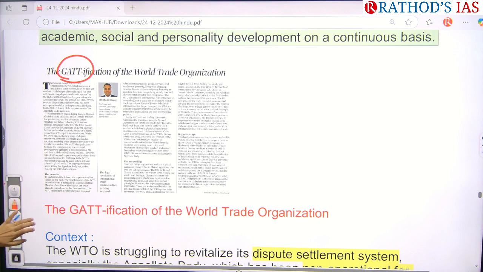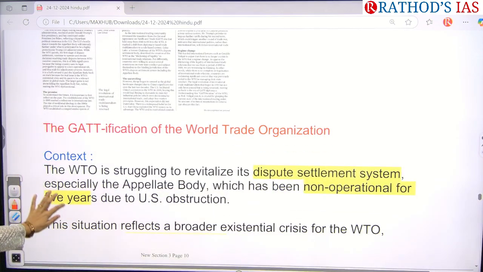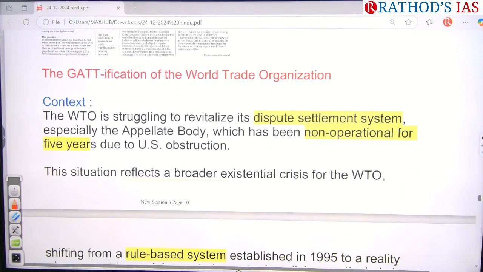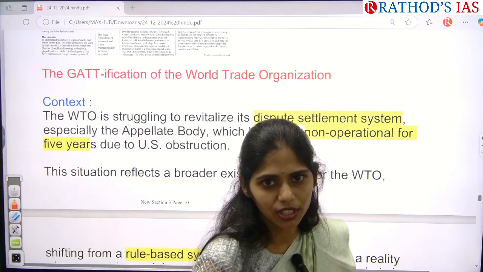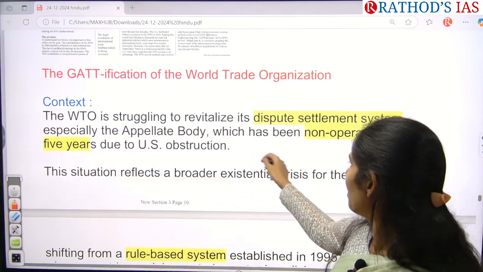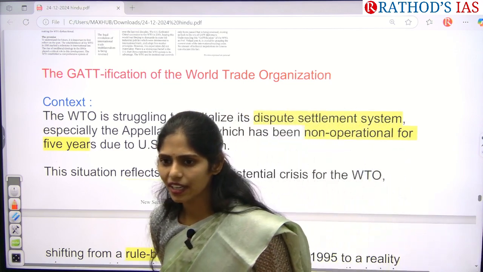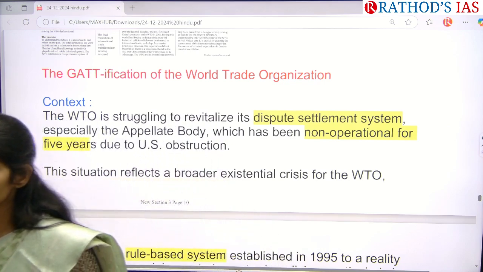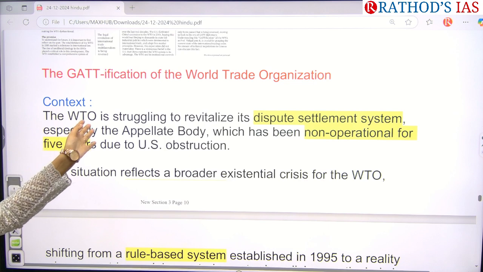Actually, now the WTO has a very big problem, that is revitalizing the dispute settlement system. Especially the appellate body is not properly functioning in this WTO. So what is the appellate body? If a country has any problem regarding trade, they can file a case, right? They file the case in this appellate body. It has been non-operational for 5 years.